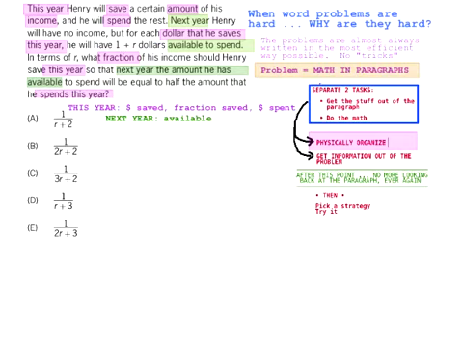So this year, we have a total income. We have a fraction saved. We have an amount spent. We have an amount saved. We have an amount spent.